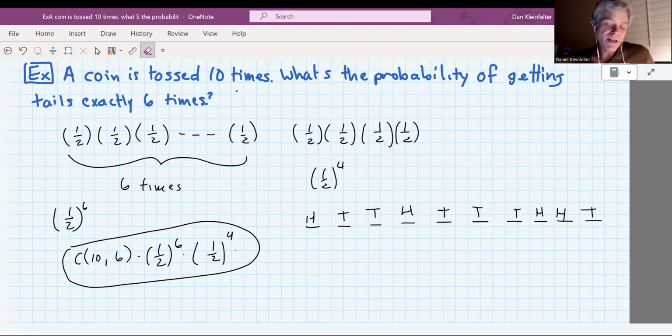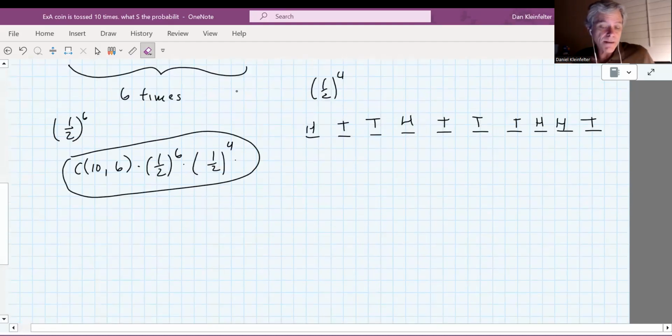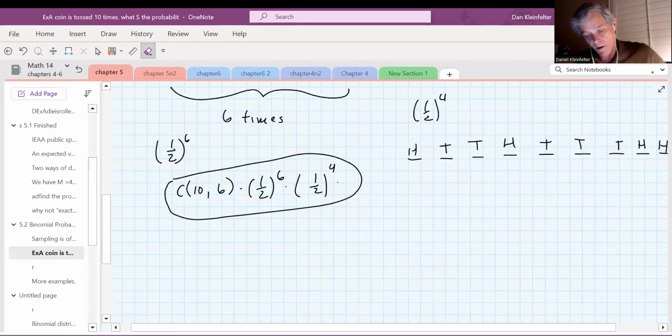We don't need another factor for the heads, because once we've determined what the tails are, the heads are determined, and there's only one way to do that. All right, so it's going to look like a combinations multiplied by a product of probabilities raised to a power.